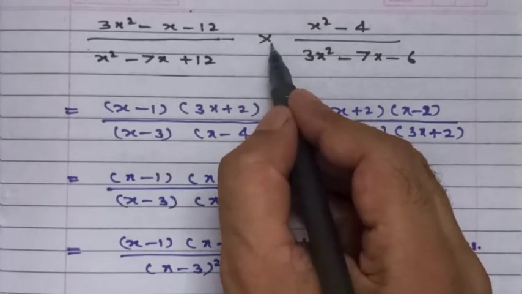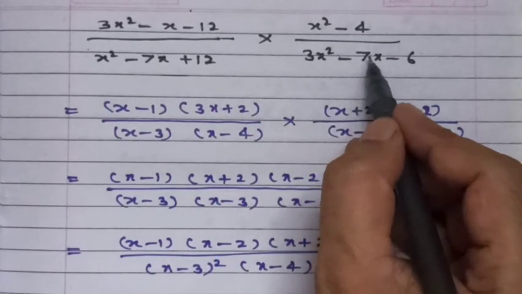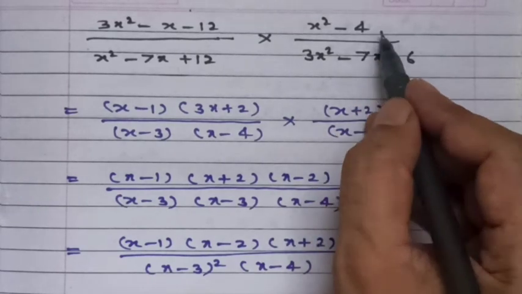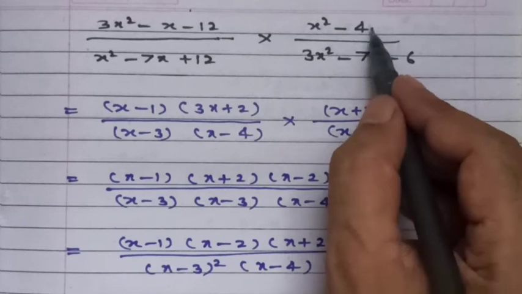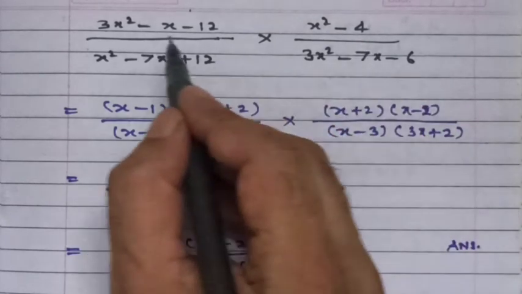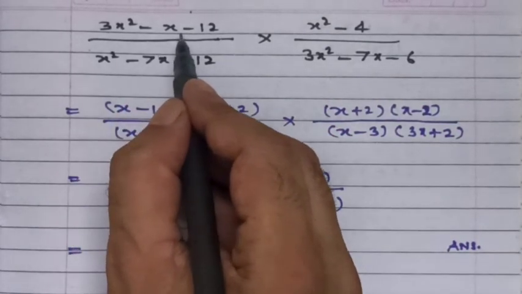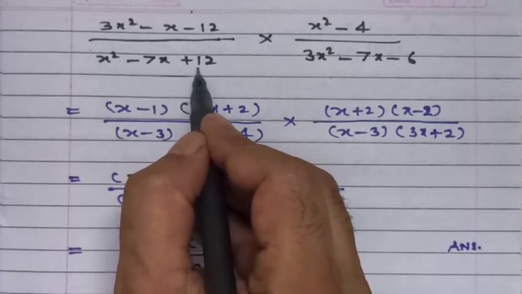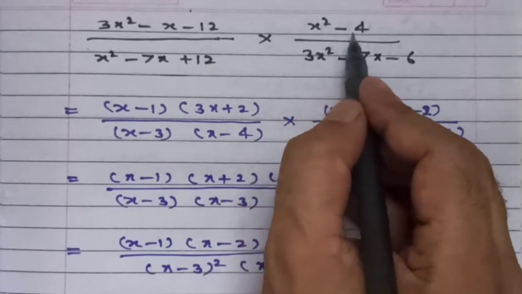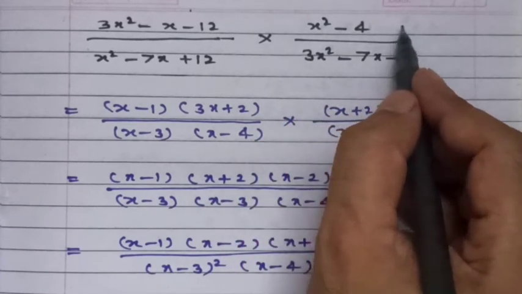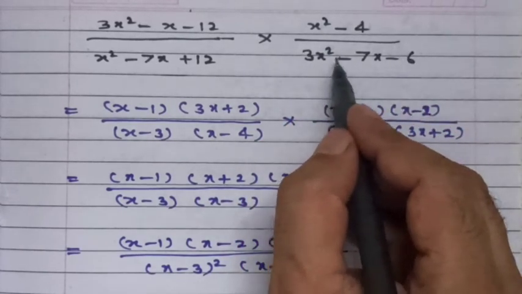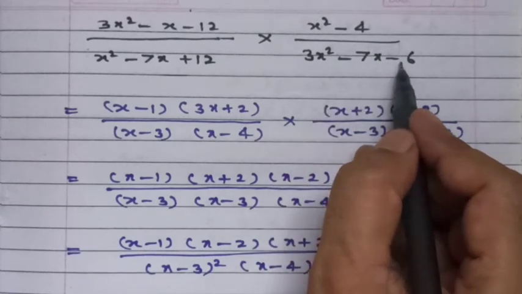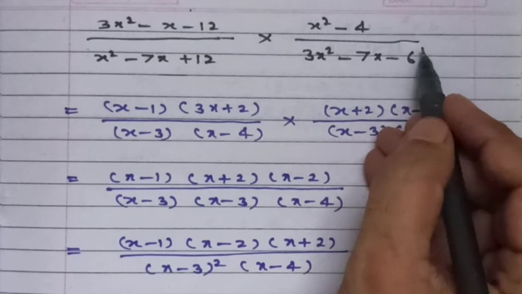When you convert into multiplication, numerator becomes denominator and denominator becomes numerator. That means you will invert, or take the reciprocal. So you will write 3x square minus x minus 12 upon x square minus 7x plus 12. x square minus 4 is now the numerator, which was the denominator, and your numerator 3x square minus 7x minus 6 will become the denominator.